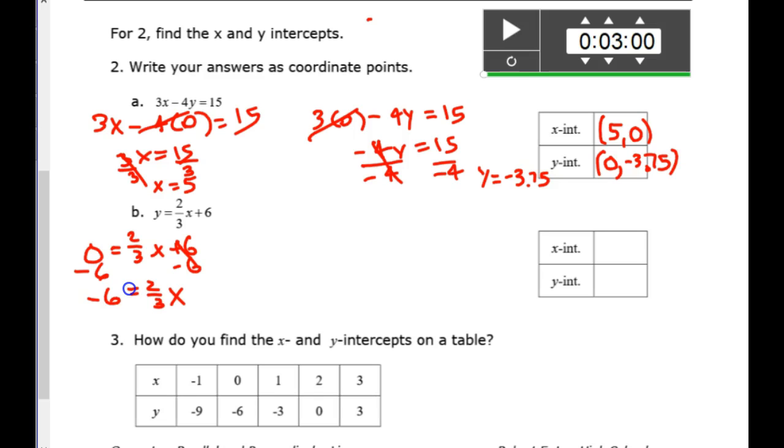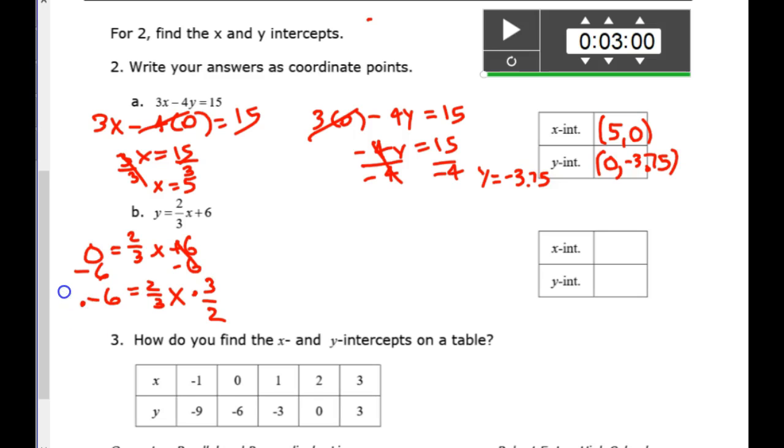Okay, very good. So it's called multiplying by the reciprocal. You take the fraction and you flip it. Do not change the sign. This is not perpendicular stuff we're talking about. So if ever you're solving an equation and you're just trying to get rid of a fraction, you can multiply by its flip, its reciprocal. When you multiply 2/3 times 3/2, that equals 1, and 1x is what you're looking for.